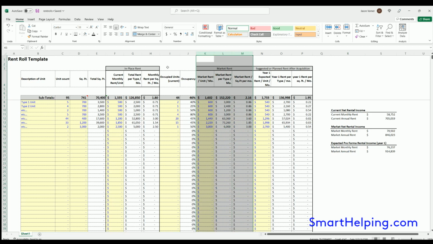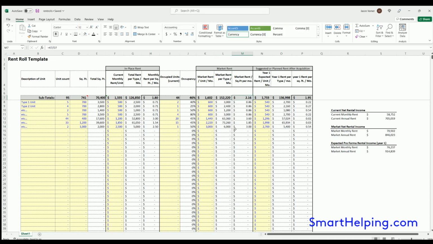I could put in what's the actual rent for each unit type, based on these occupancy rates, and the actual square foot rented. Well, actually that'd be the same. It'd just be the total rent divided by the square foot occupied. So it'd be the same number as these, so that wouldn't change. Like here, if I'm getting $58,000 a month and I divide that, I'm not dividing it by the total square feet, because that number is the occupied rent per square foot.